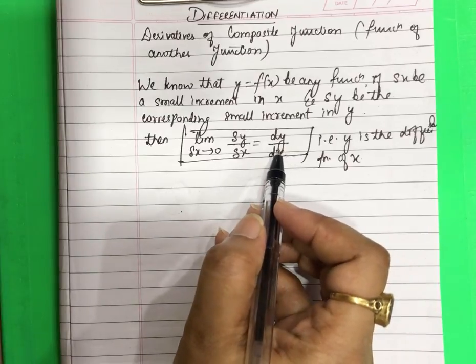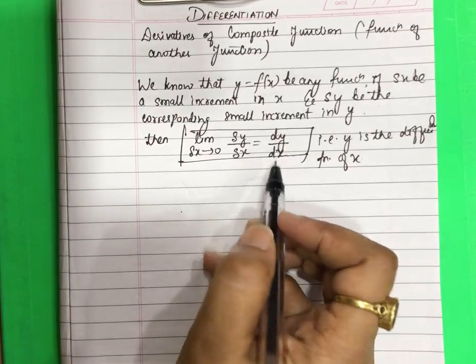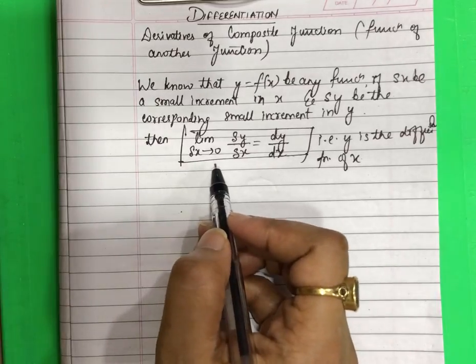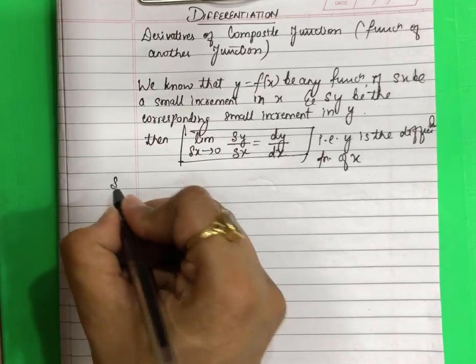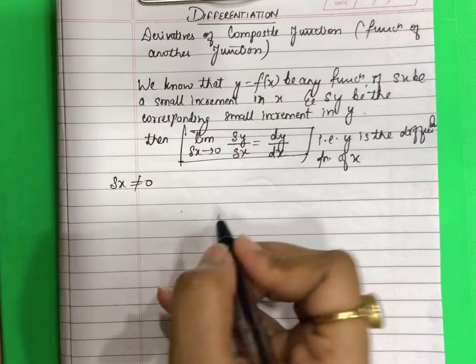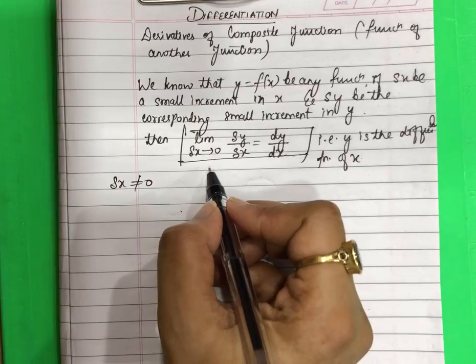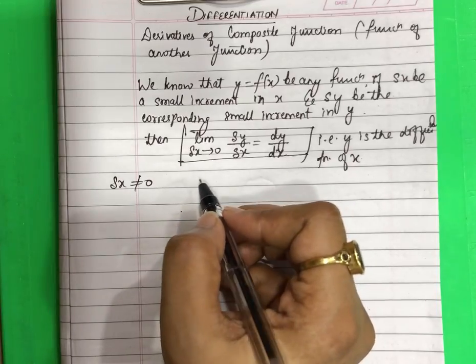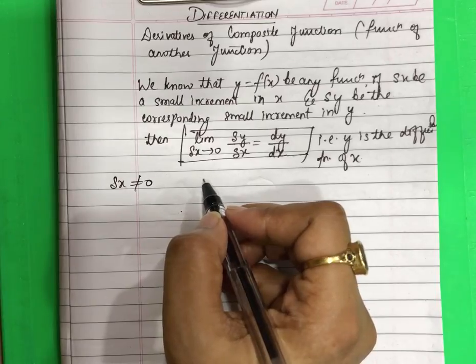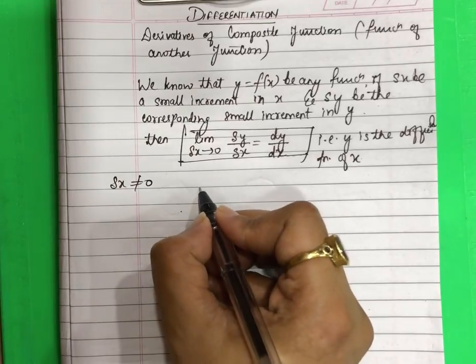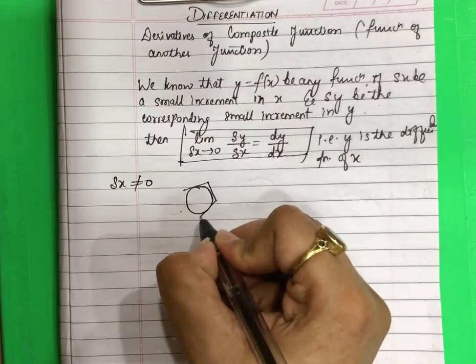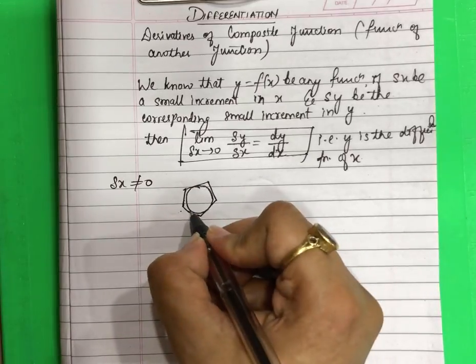That means we can differentiate y with respect to x, where del x tends to 0 and del x never becomes equal to 0. So I just want you to know the small concept of what exactly del x is. It is a small increment. Suppose we take a small example of a circle and I am drawing a pentagon outside the circle.